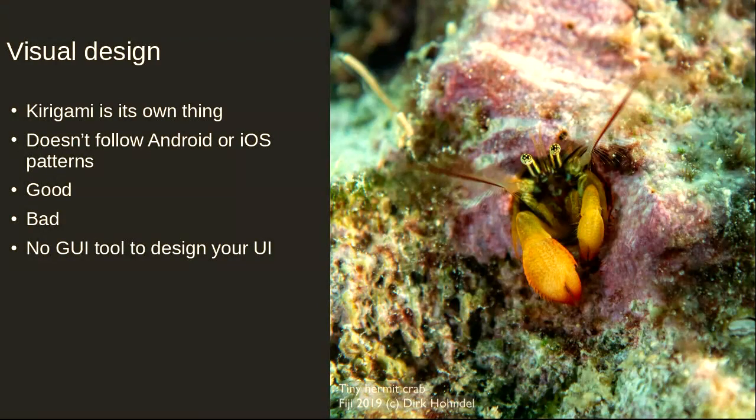So Kirigami is its own thing, and that can be a good thing and a bad thing. The nice thing is you have one manual for your mobile app because it looks the same on both platforms. It's nice that there is consistency for all of us who use both iOS and Android.